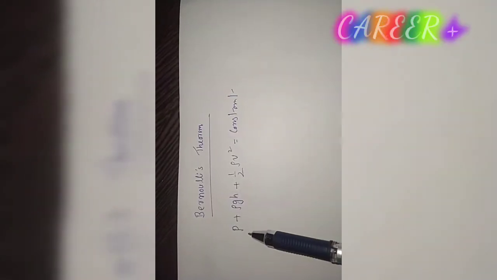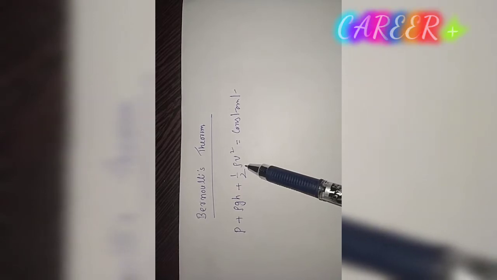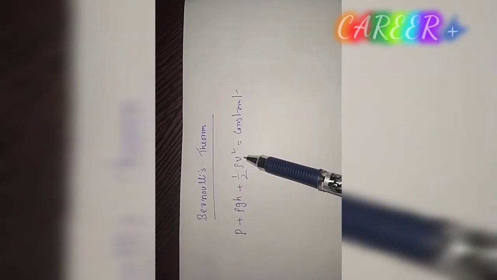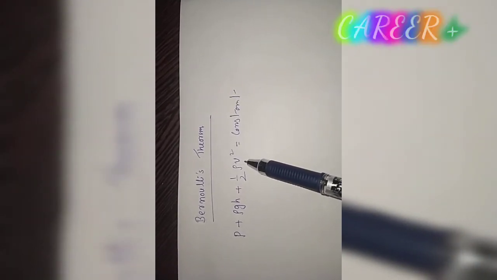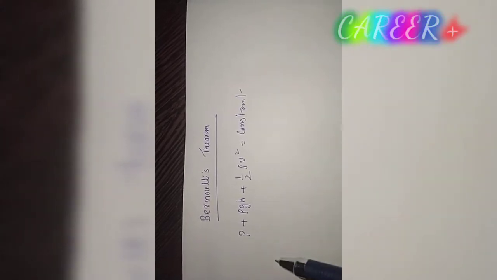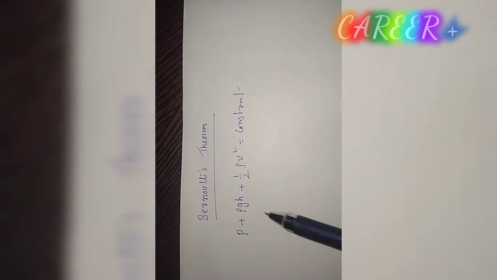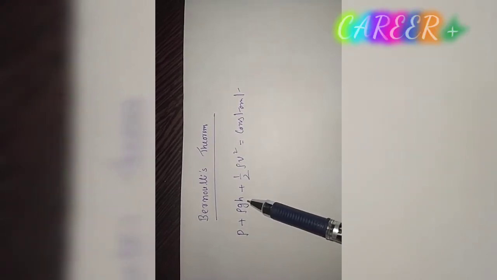Mathematically it forms that, where P is the pressure of the fluid, rho is the density of the fluid, V is the velocity of the fluid. If the fluid, meaning gas or liquid, flows horizontally, that is parallel to the earth's surface, h becomes constant.